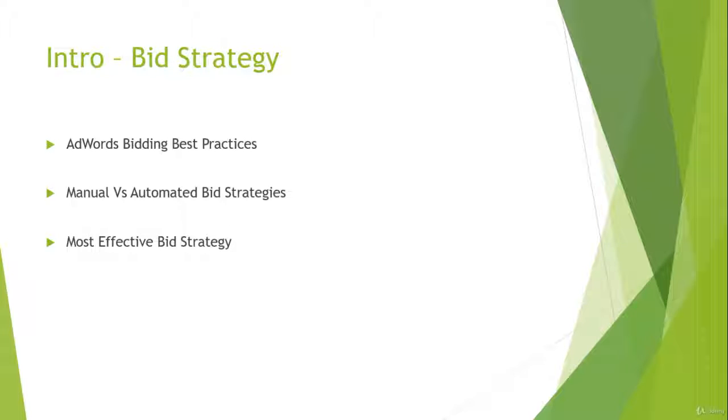We'll look at the most effective bid strategy for your campaigns and which one you should be selecting at different stages of your advertising. And we'll also finally look at tips on AdWords bid management. So what should you be doing as you're advertising, whether that's at the beginning or throughout your advertising. So those are the main lessons that we'll be covering, and let's get started.